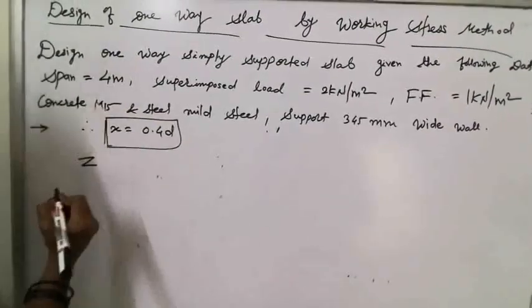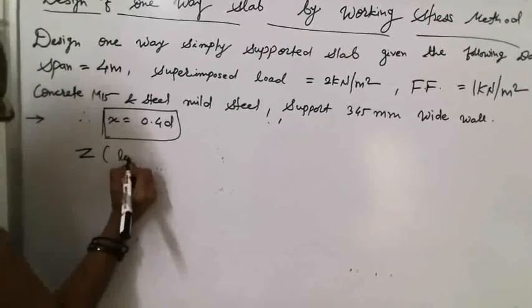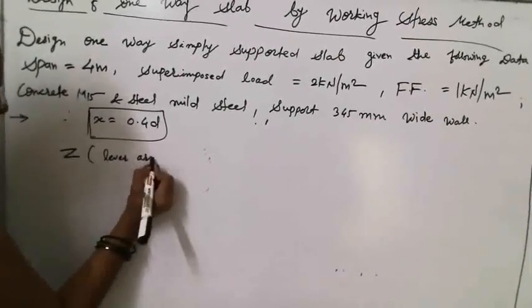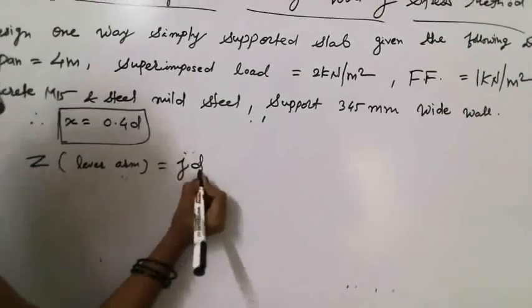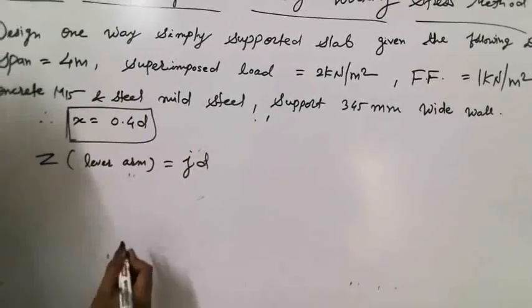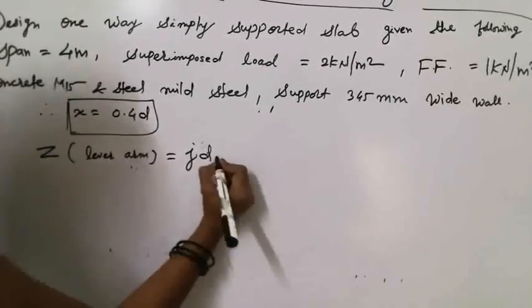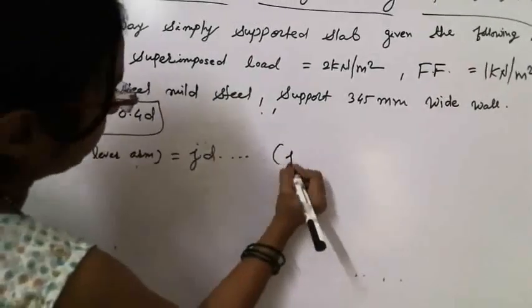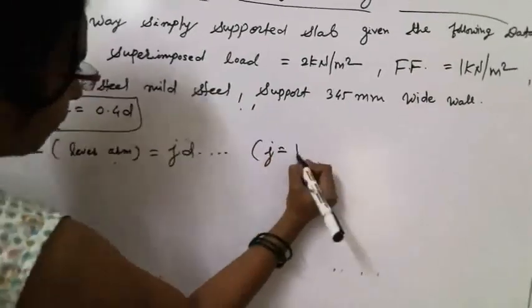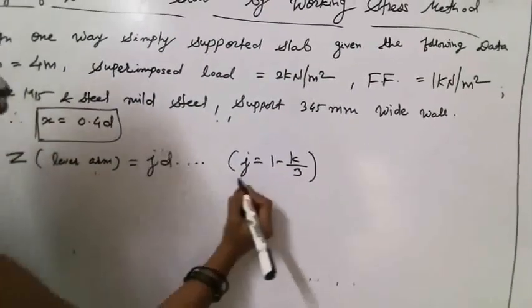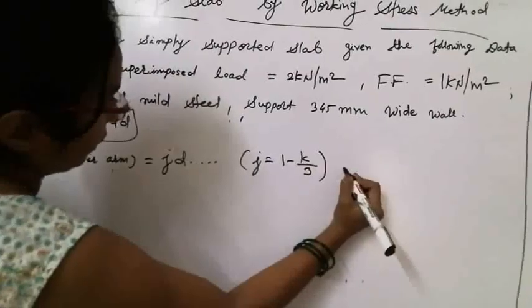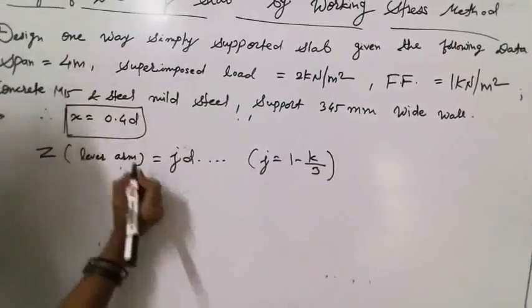Z. Z is nothing but the lever arm, is equal to j into d, where j is equal to 1 minus small k by 3. And what is the value of k?